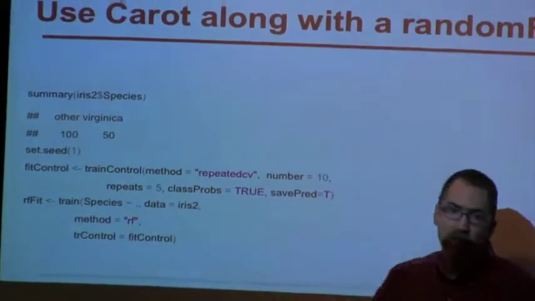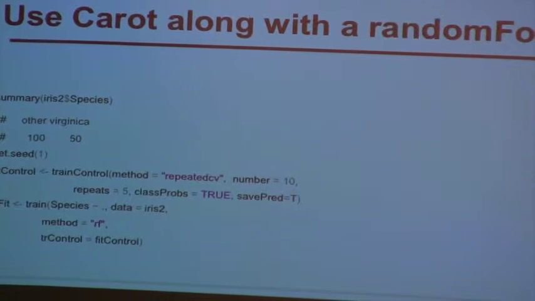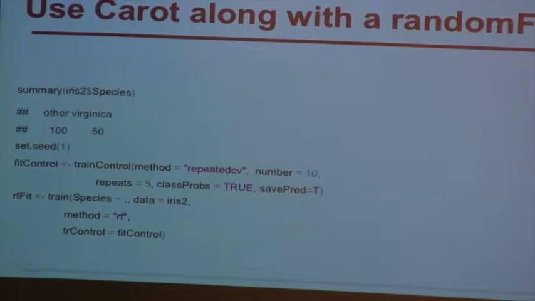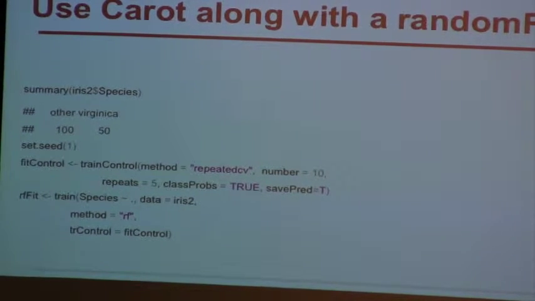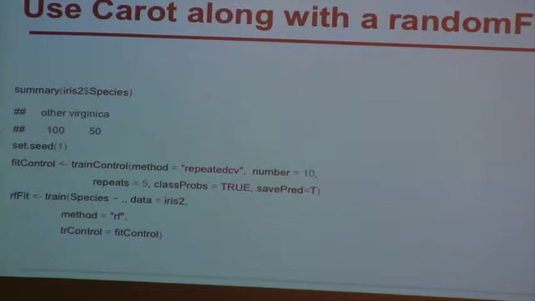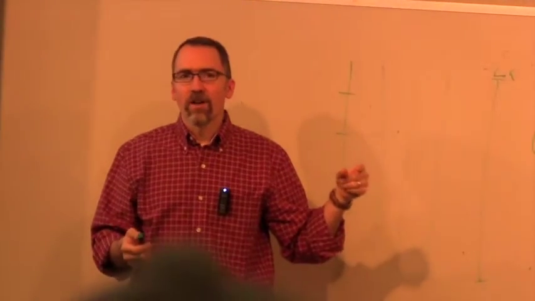And the repeats is you bootstrap the data set. So you pick from the data. So if you have 100 things and you're bootstrapping, you pick 100 from that with putting the things back. So you might have the same thing a number of times. So you're going to create 5 data sets with bootstrapping and then cross-validate on each.